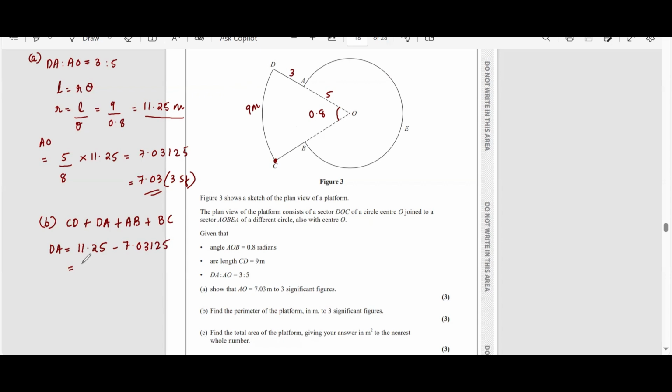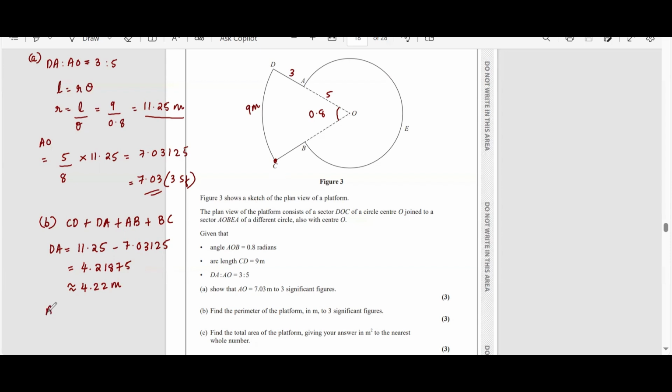So when we subtract this, 11.25 minus 7.03125, you will get 4.21875. Approximately to 3 significant figures, we can take it as 4.22. 4.22 will be DA.